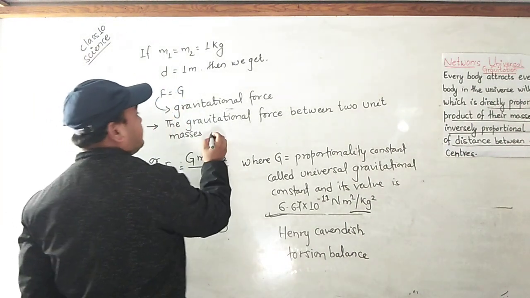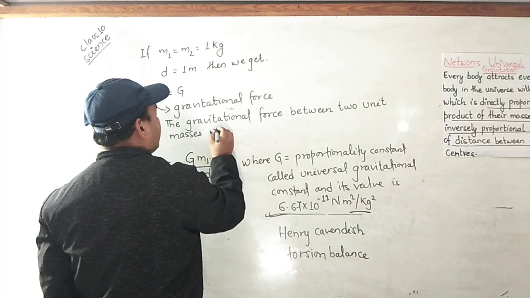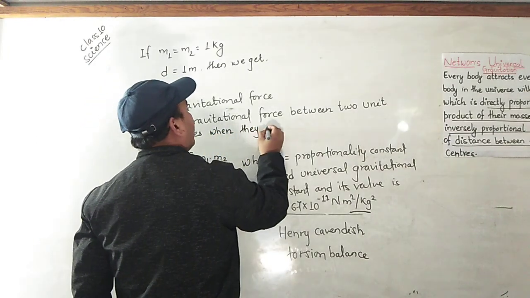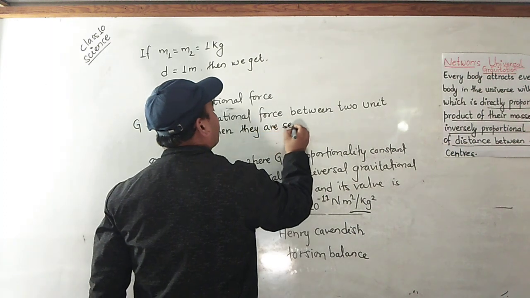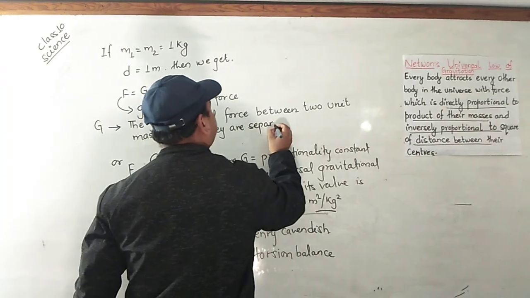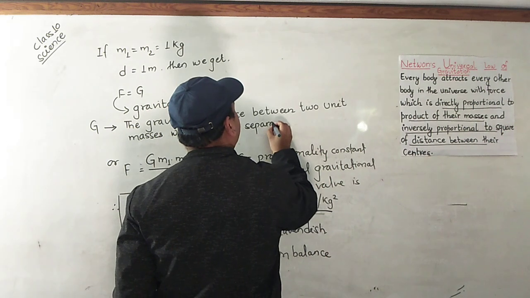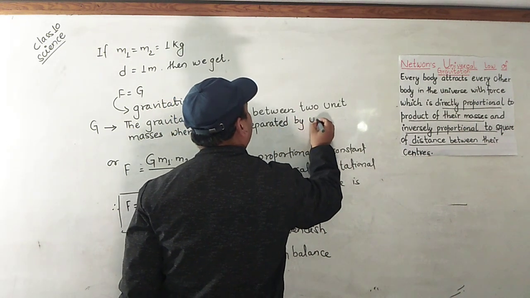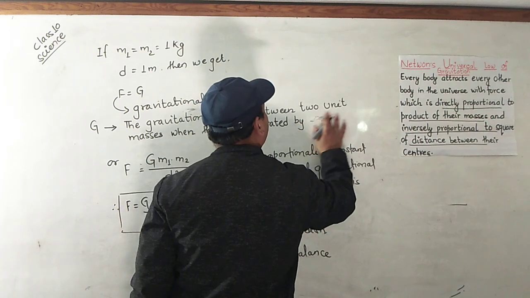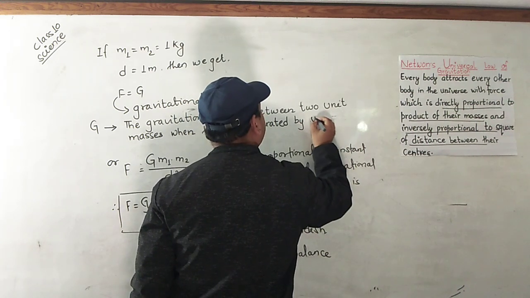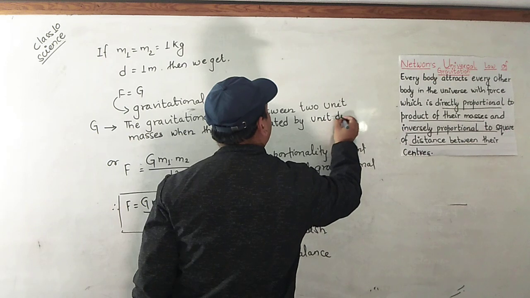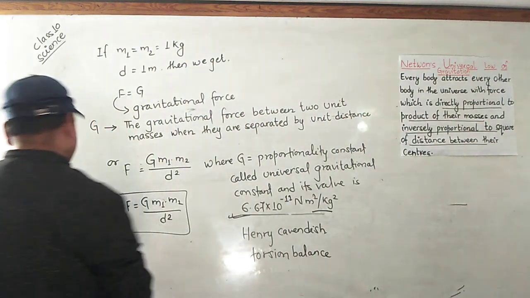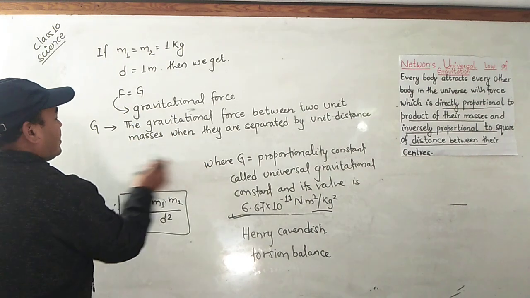Unit masses when they are separated by unit distance, or 1 meter. Unit distance between their centers.